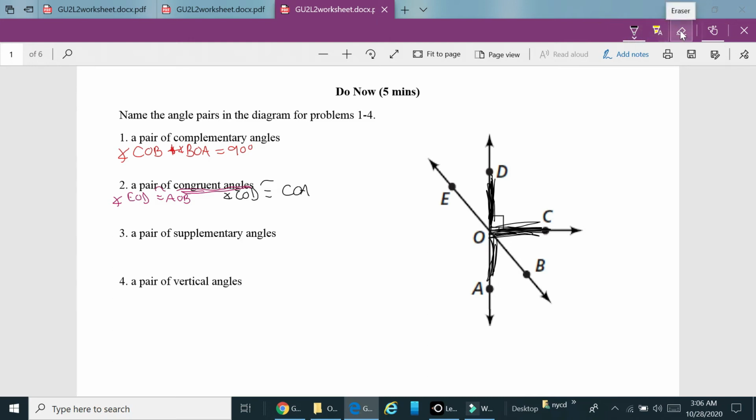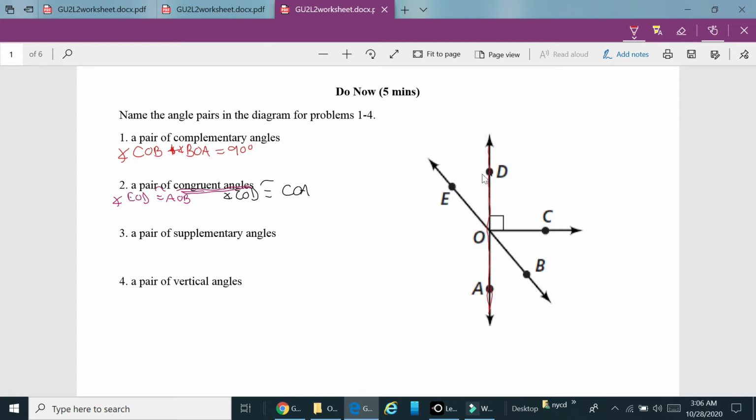Now I see a big mistake with supplementary angles. Now, what's the definition of a supplementary angle? Supplementary angles are two angles that equal 180 degrees. Now, I think there's a couple here because I see a straight line. I only use one of the straight lines. So I notice a straight line is right here.